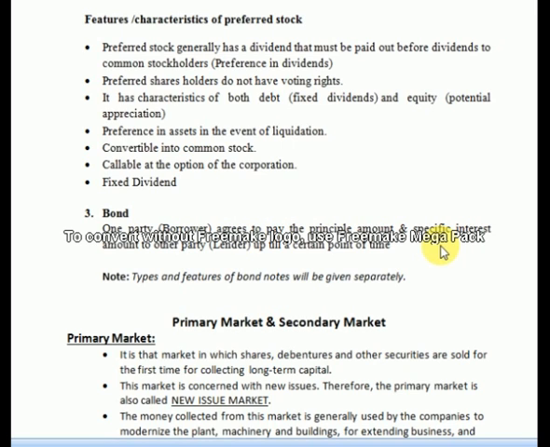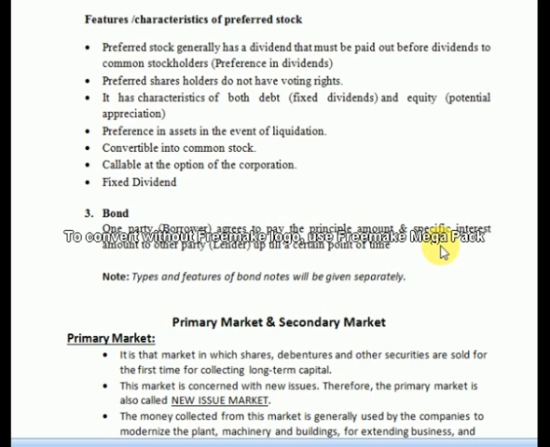The second feature is that preferred stockholders don't have voting rights. Clear? In some cases, up to some limit, they have voting rights, but mostly they don't. Preferred shareholders may or may not have voting rights, meaning the ability to have a say in the control and direction of the company.